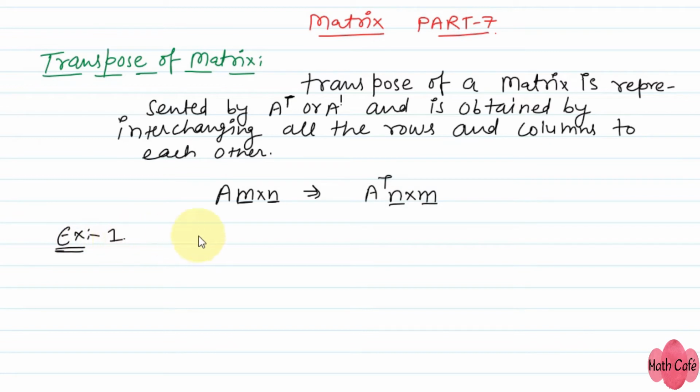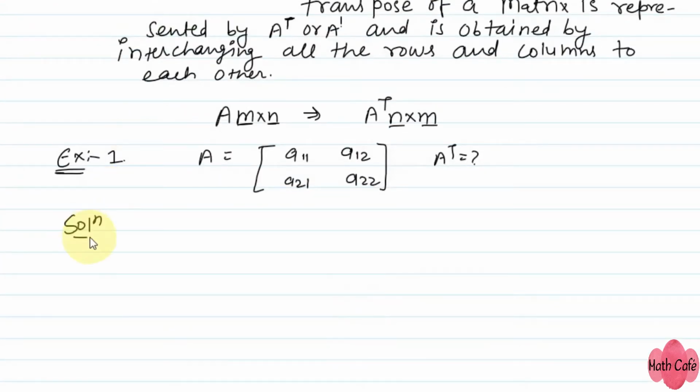If I take the first example, if A is represented by A11, A12, A21 and A22, and we need to obtain A transpose. So how will we obtain A transpose? We will obtain it by interchanging all the rows and columns.